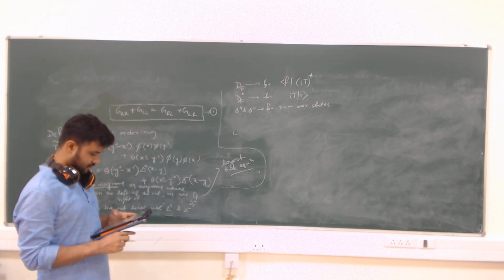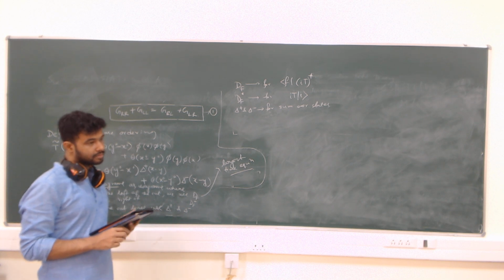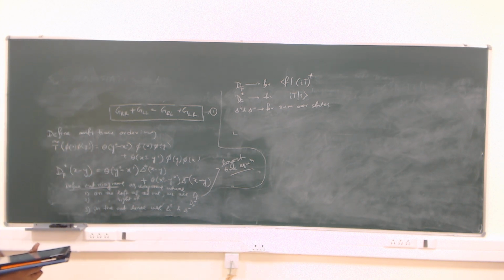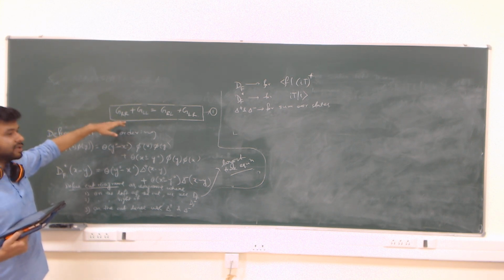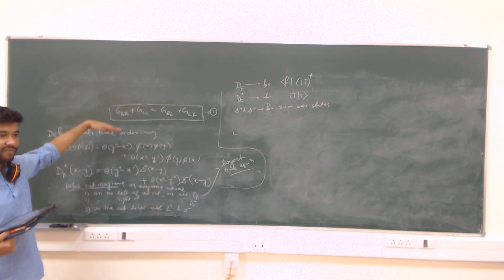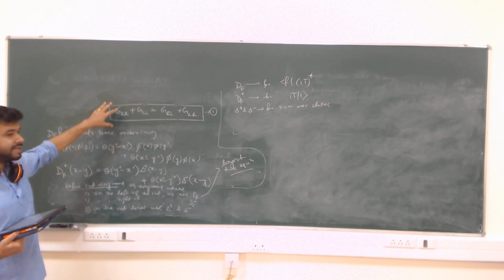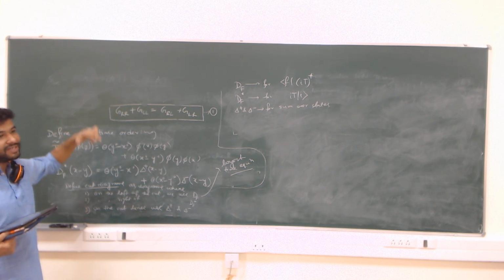Yeah. So in this case, what I was basically trying to point out is that in this context, checking unitarity at the level of Green's functions. No, that is not what I wanted to do. I will probably describe it in terms of Green's functions, but it is not only valid for propagators.